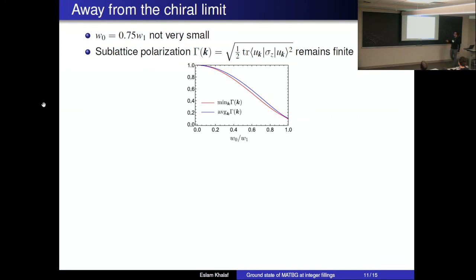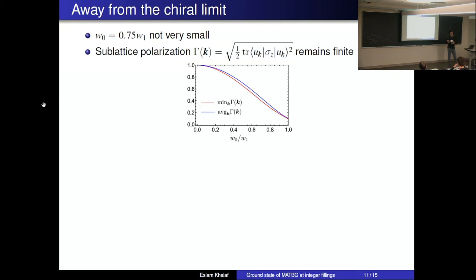However, we notice that if we compute this sublattice polarization, so the expectation value of this sigma z operator diagonalized and take the largest eigenvalue, we find that this never goes to 0 between W0 equals 0 and 1. And around the realistic value, it's around 40%. So even for the realistic limit, where we switch on this coupling, this Moiré hopping between same sublattice, the wave functions still have substantial sublattice polarization.